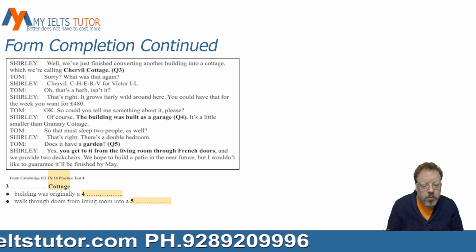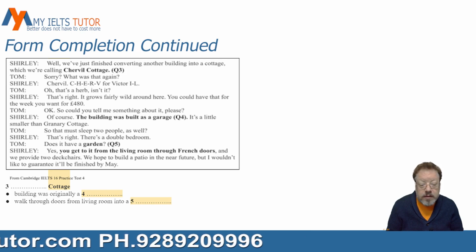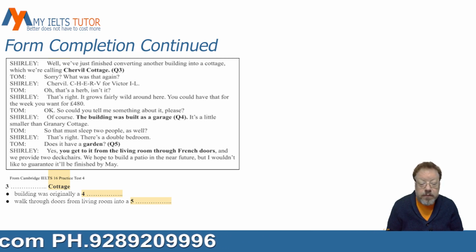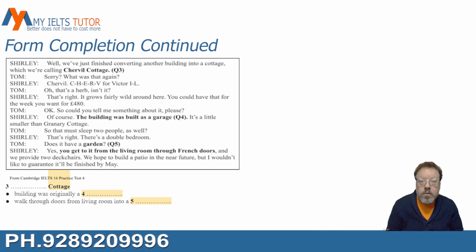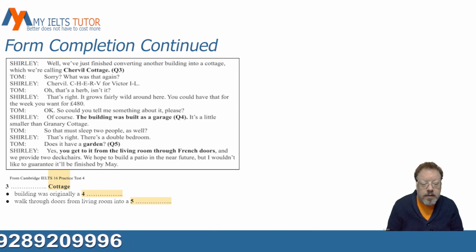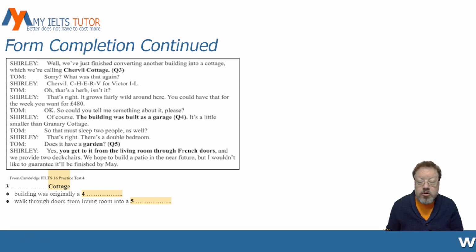Now, question 5 is kind of interesting because we have the answer before the key words. So Tom says the answer, does it have a garden? And Shirley says, yes. You get to it from the living room through the French doors.